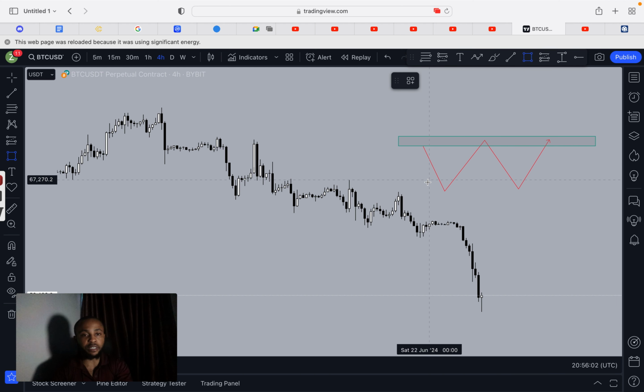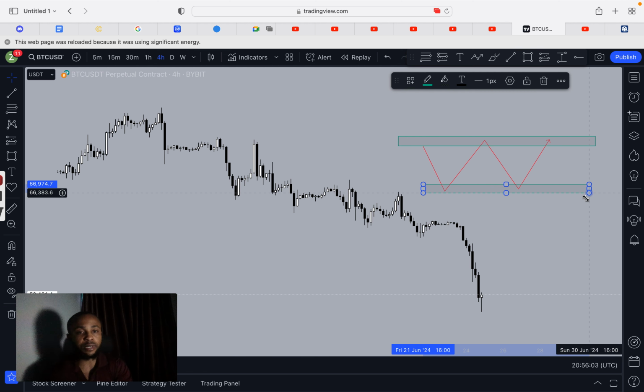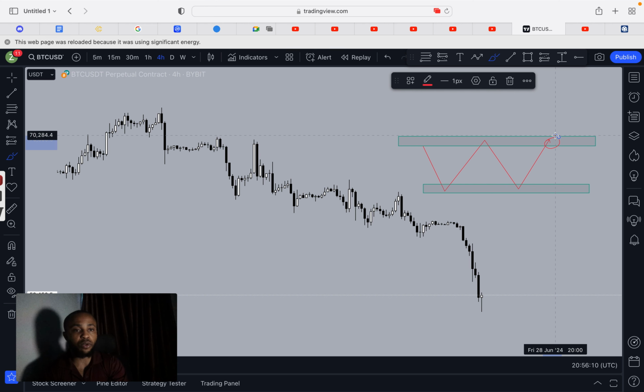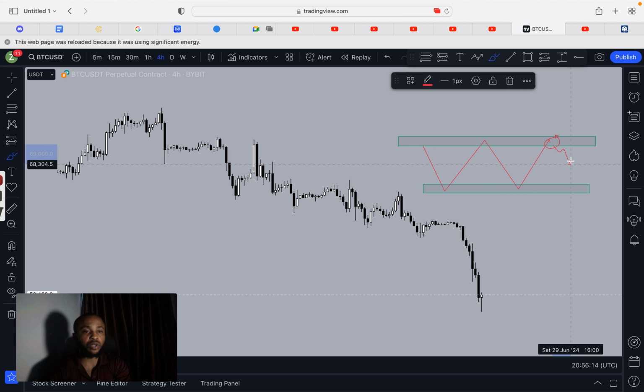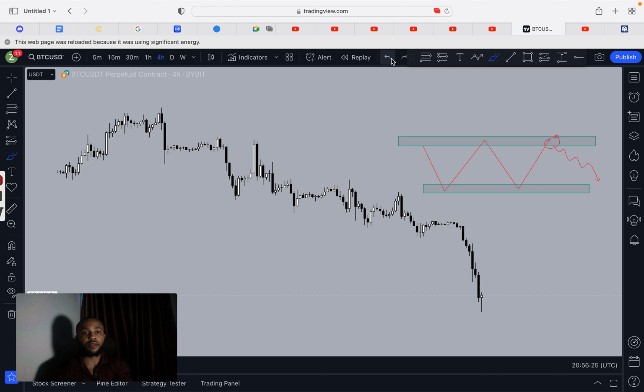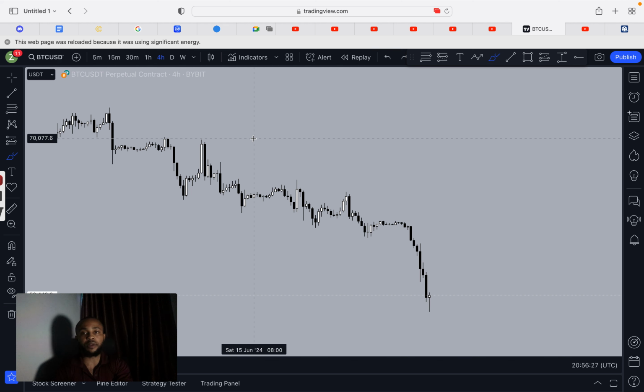Once you've gotten your range, that it's doing something like a zigzag, then once it gets to this support, this is where you go to like the 30 minutes time frame to look for those tiny break and retests to take to the downside. You understand? But as you can see right now on the 4 hour, it's not really giving us any zigzag, so we're going to leave it. Let's see on the 1 hour time frame too.